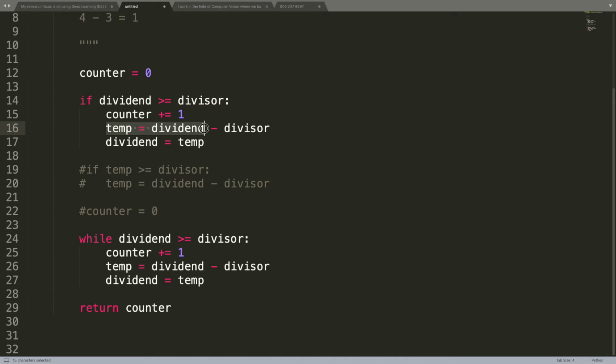Might do a check here, that if divisor is less than 0, then we use plus so that it can reduce. So we might do a check here that says, okay, or we do another one, just the same thing here, just copy it.